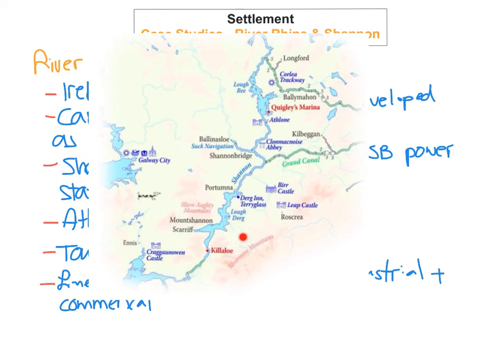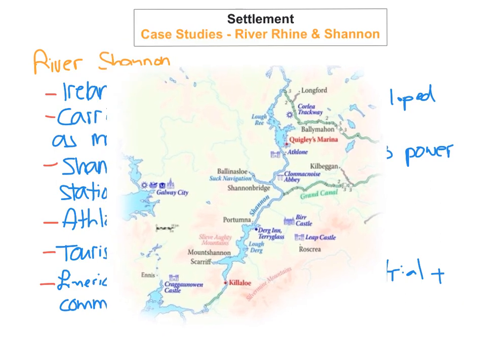As you can see, there's lots and lots of towns and cities that have developed along the River Shannon. And this is because, as we said before, looking at the River Rhine, people like to be set up beside rivers because it provides fresh water and a source of food. It's good for transport links, and it was good for defence in the past as well. So there are many reasons why these towns and cities have developed along the River Shannon.